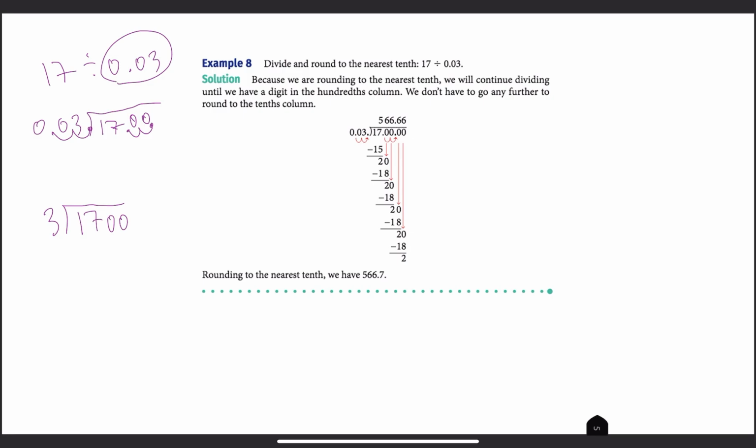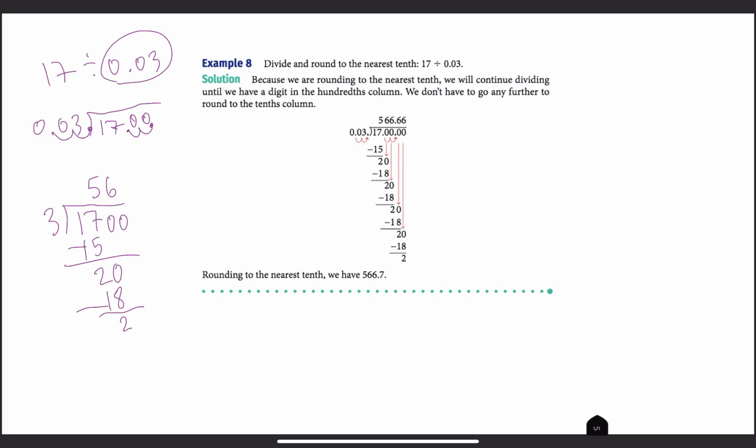Now 3 won't go into 1, but it will go into 17 5 times. And I bring down my 0. 3 will go into 20 6 times because 6 3s is 18.